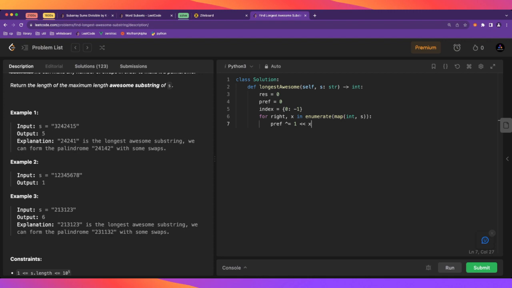That's going to toggle the parity of the digit x. So now we are including the right element in our prefix. And we want to compute the left.